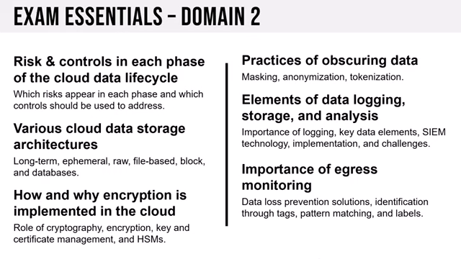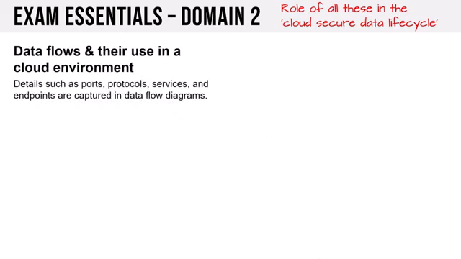So this will include data loss prevention, identification through tagging, pattern matching, and labeling. What you really see here is the role of all of these in the cloud secure data lifecycle. So we need to be familiar with these technologies, but also where and why we apply them throughout the secure data lifecycle.